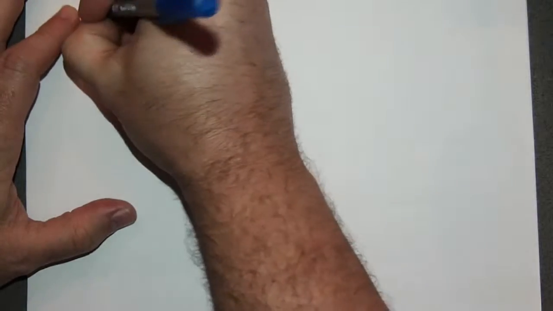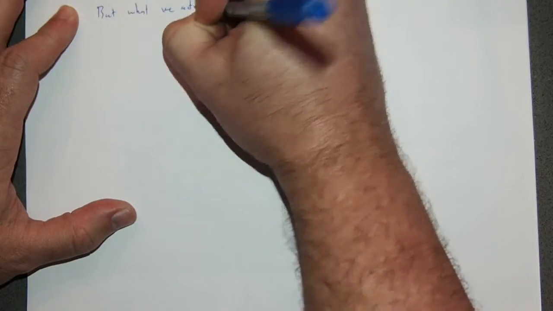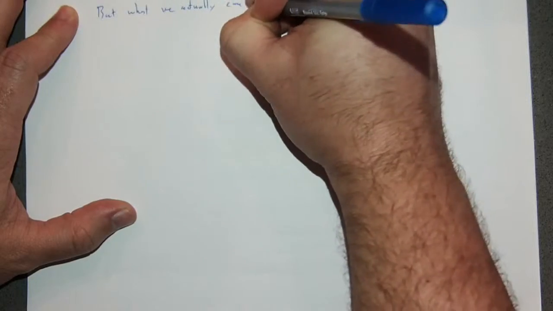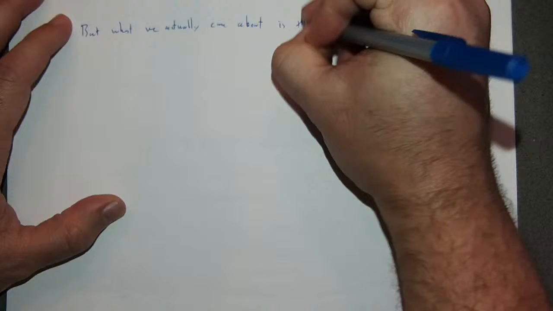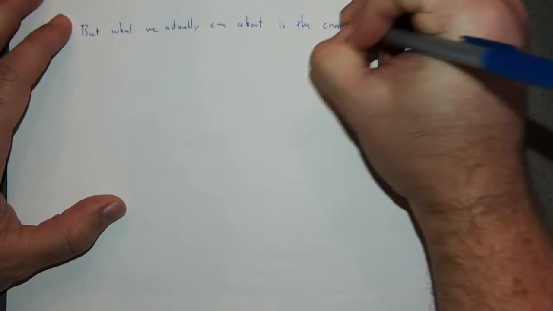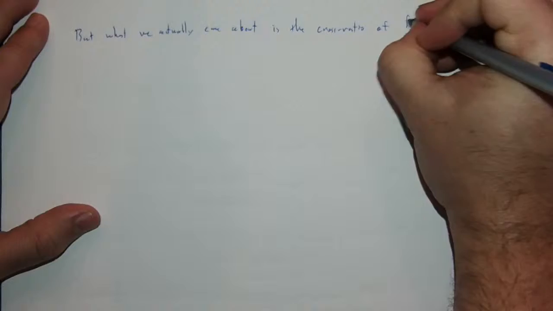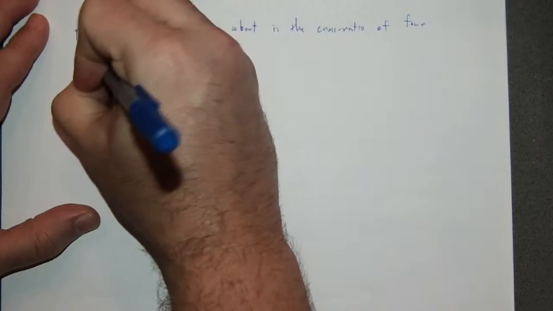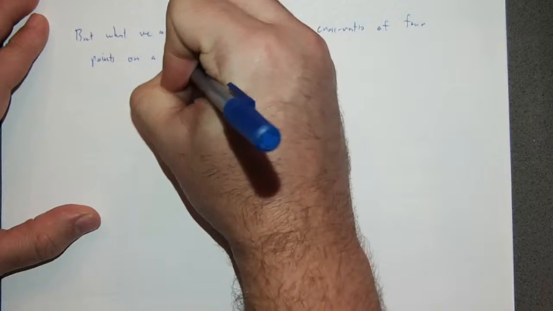So, what we actually care about is the cross ratio of 4 points on a non-Euclidean line.